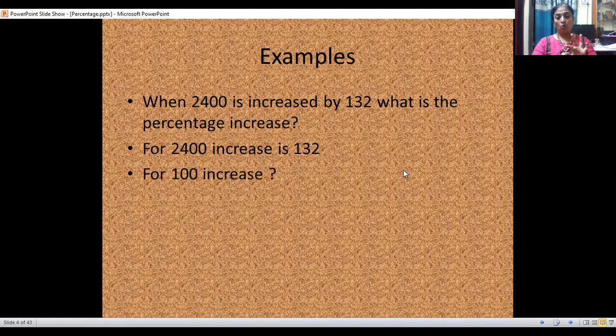Now we have to go with cross multiplication. That is 100 into 132 divided by 2400. That is 5.5% is the answer. I hope you have understood how we have calculated it.